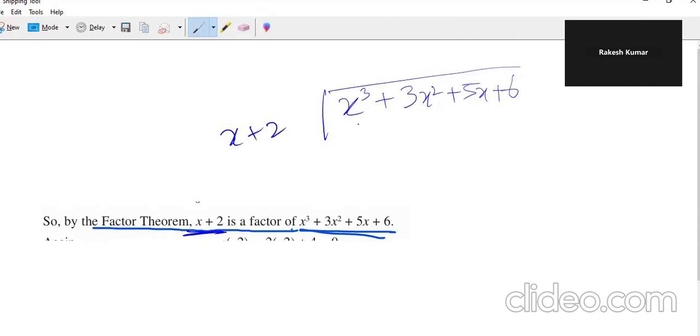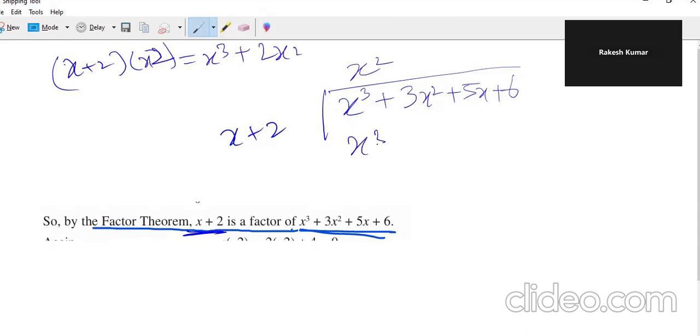So I want to eliminate x cube. I will have to multiply this by x square. So it will become x cube plus 2x square. I write x cube here plus 2x square. Then I will subtract like we do in division. This will go away, and they will become x square. Then I'll bring the next one, 5x.